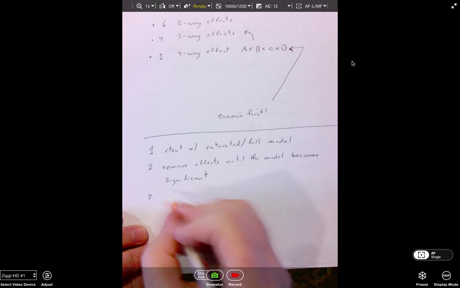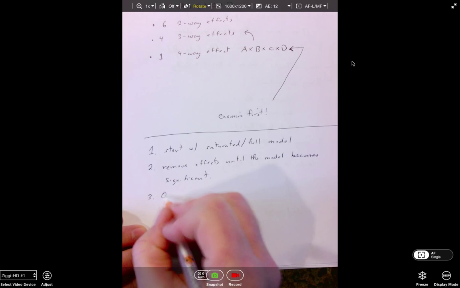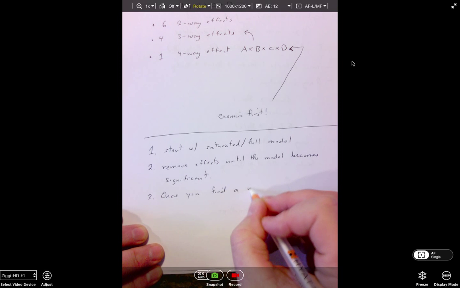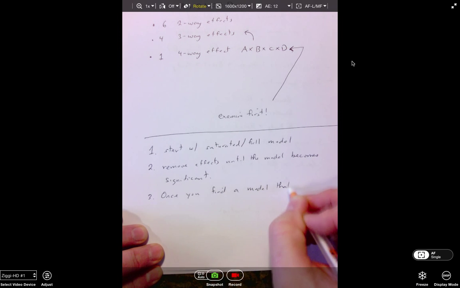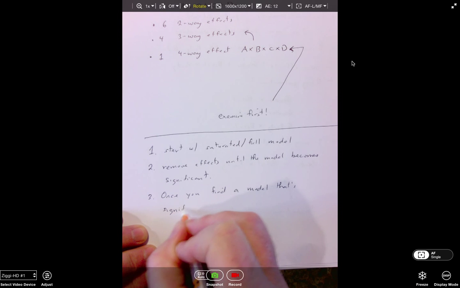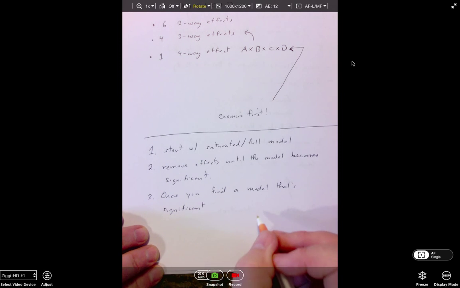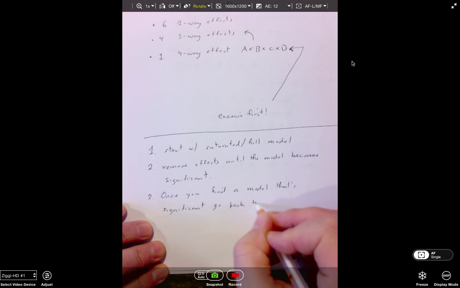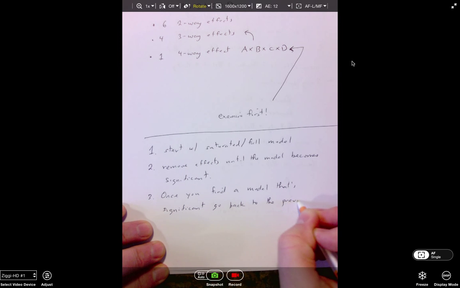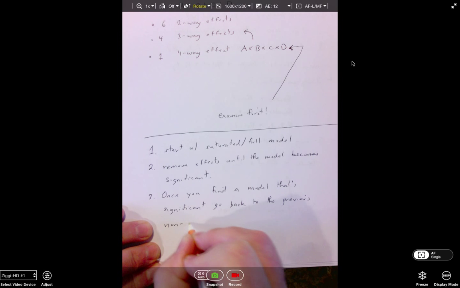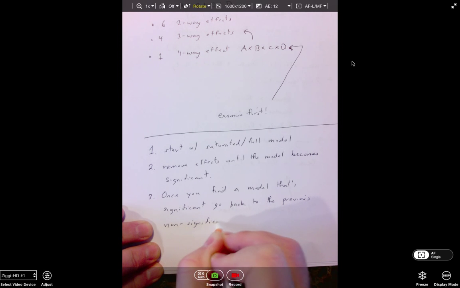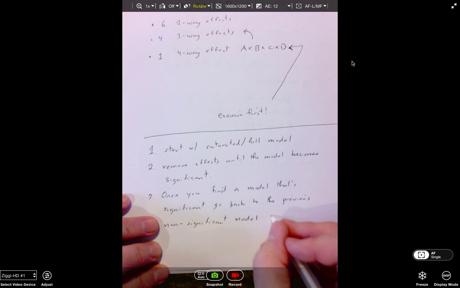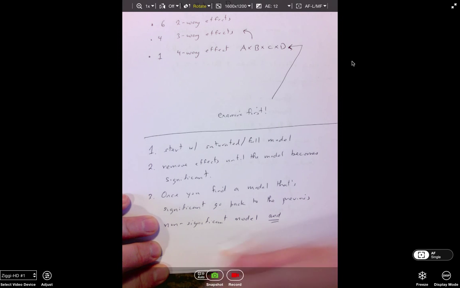The third thing, finally, once you find a significant model, go back to the previous non-significant model and interpret it.